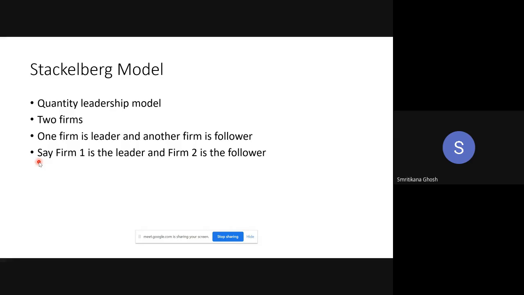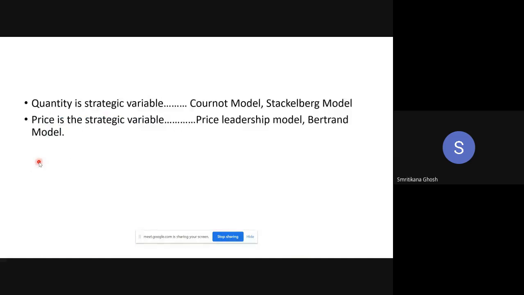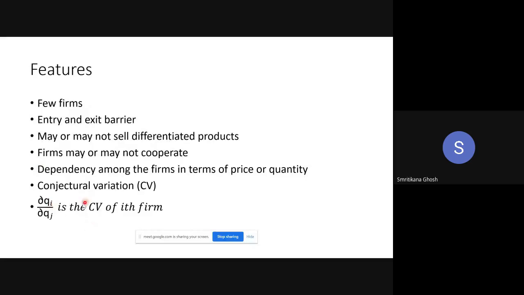So just tell me, you know the concept of conjectural variation, right? I'm showing you again the concept of conjectural variation. The conjectural variation CV of the ith firm is del Qj by del Qi. Sorry, del Qi by del Qj. So the conjectural variation of the ith firm is del Qi by del Qj. I think it is clear to you what conjectural variation is.